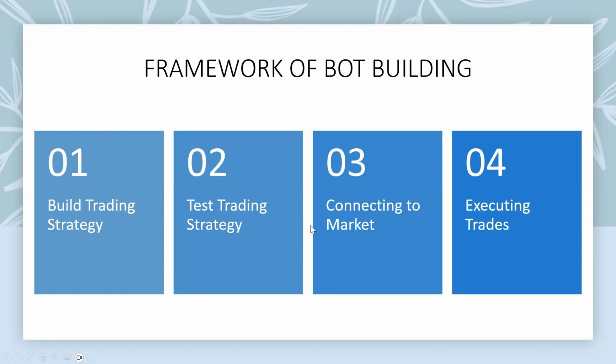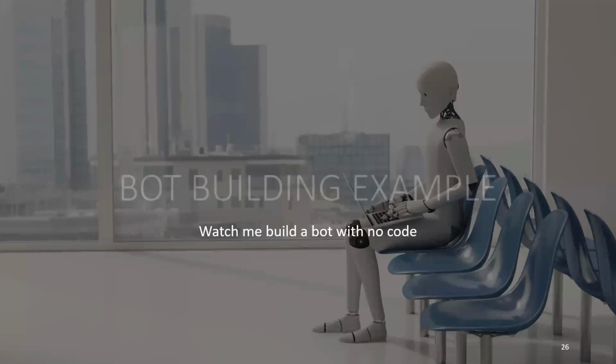I will use the Alpaca API so that I can execute trades directly from my coding environment, or development environment, to the financial market. So we're going to see these 4 steps step by step in the next few minutes.